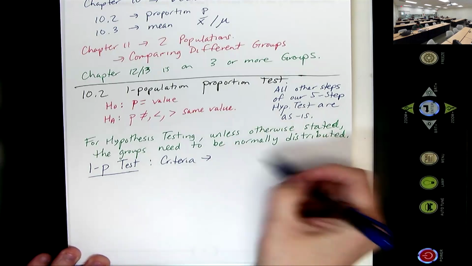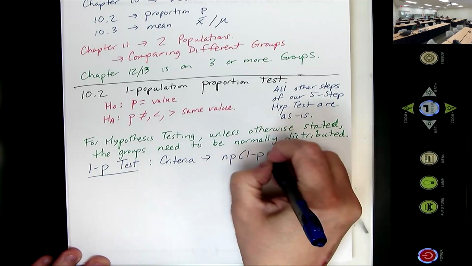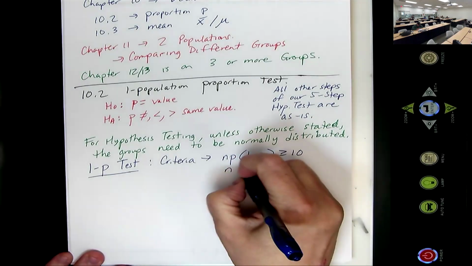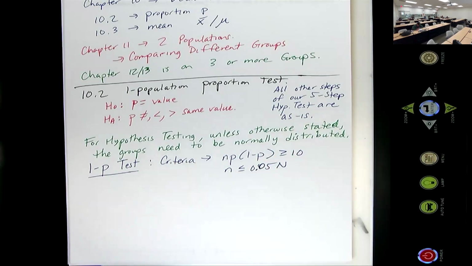It needs to either say it's normally distributed, or N times P times 1 minus P needs to be greater than or equal to 10, and N is less than or equal to 5% of the population, 0.05 times big N. Some of the questions will ask you, is this true?